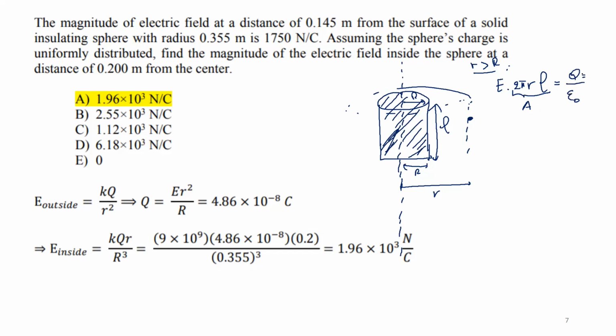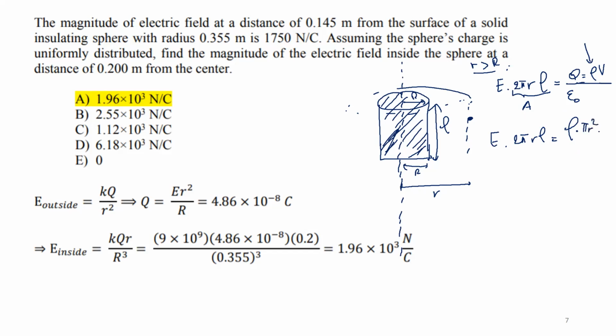And again, if I want to get Q, it depends. If I give you rho, you just multiply by V. Get my point? If I give you the volume charge density, you multiply by the volume of the cylinder. So I'll have E multiplied by 2 pi r L equals the volume charge density multiplied by the volume of the cylinder. What's the volume of the cylinder?